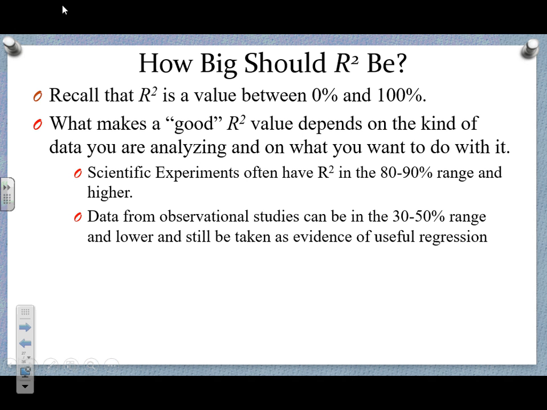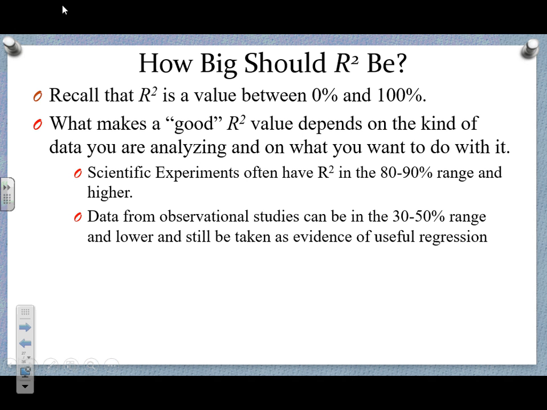So when you're looking at this, a good R squared value, obviously the closer to 100% you can get, the better. Okay? Now, there are two different types of things that you can deal with, and we're going to talk about these later on. With scientific experiments, we would want a very high correlation squared value.